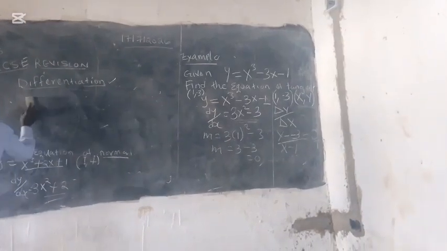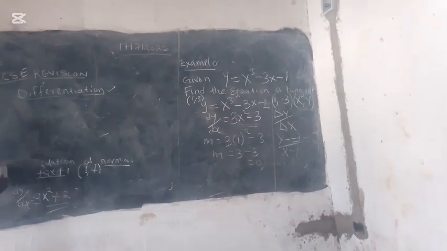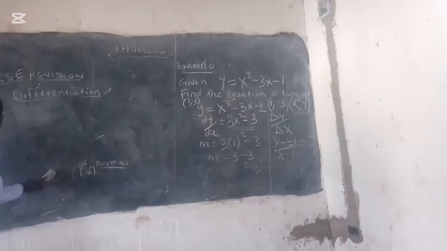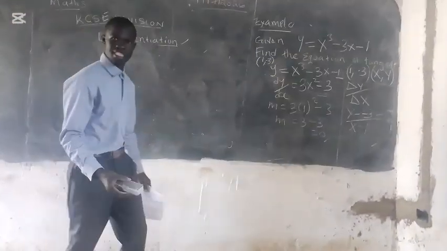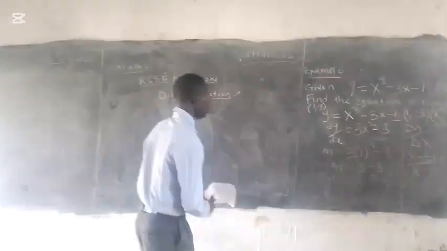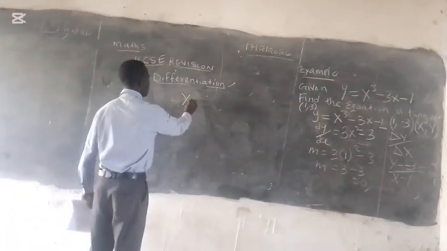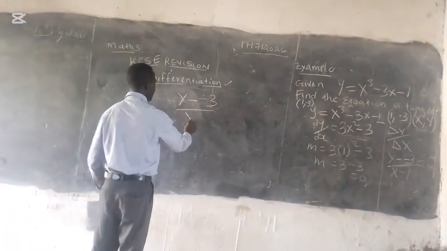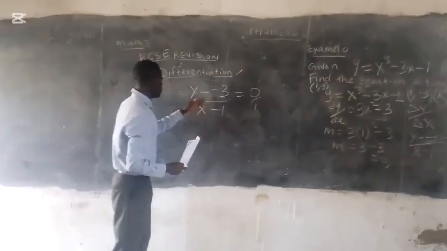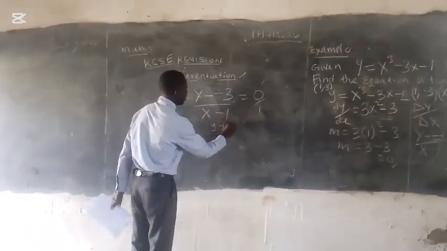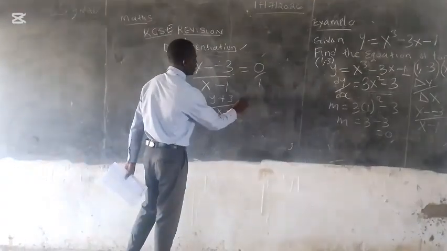And therefore, students, let us begin here, when we handle integers following each other consecutively. Now, if we have y minus negative 3 over x minus 1 equal to 0 over 1, this is now equal to y plus 3 over x minus 1 equal to 0 over 1.